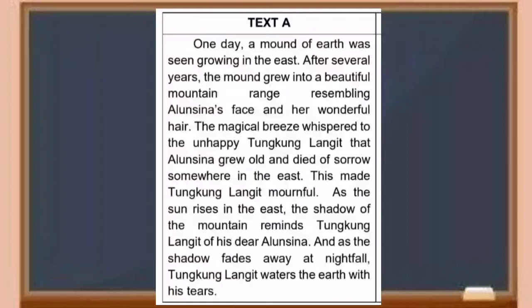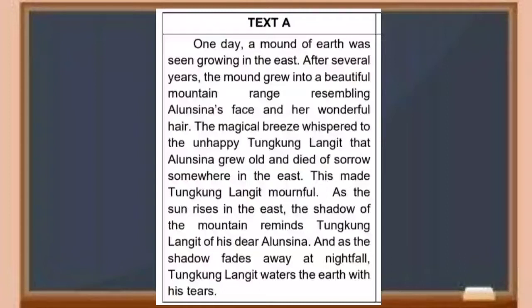Text A. One day, a mound of earth was seen growing in the east. After several years, the mound grew into a beautiful mountain range resembling Aluncina's face and her wonderful hair. The magical breeze whispered to the unhappy Tungkong Langit that Aluncina grew old and died of sorrow somewhere in the east.